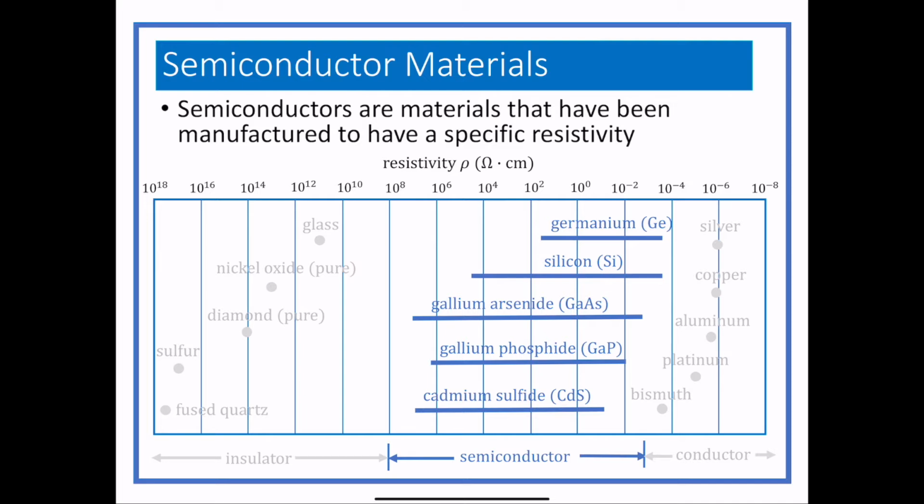They don't have to have just a specific value. And that's really what makes them useful. That's why they are used in so many things, because they can be specifically created to have a particular resistivity, which can cause it to be useful in different areas. So that's as much as I'm going to say about that part of it.